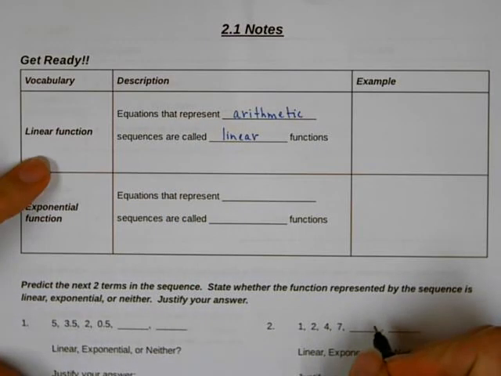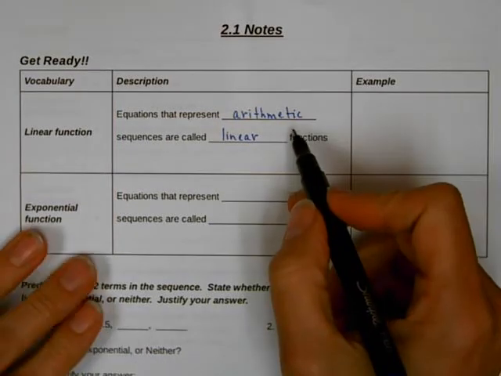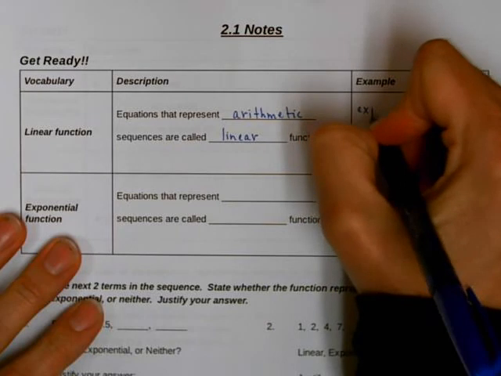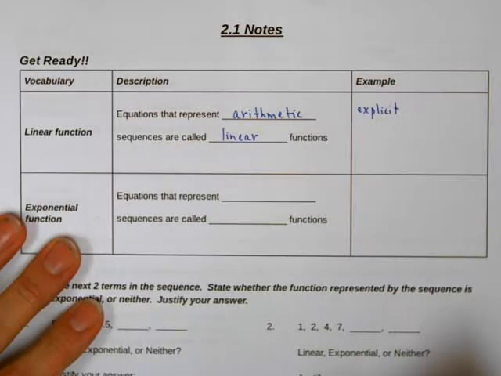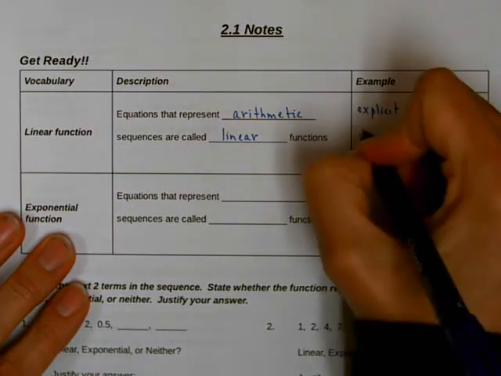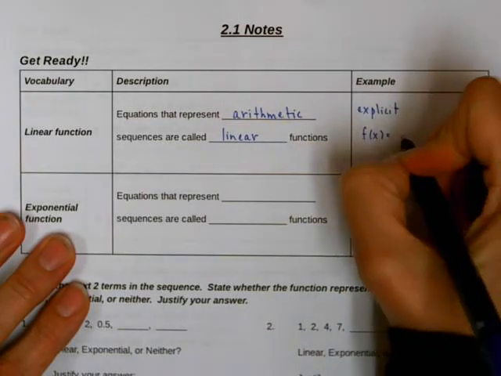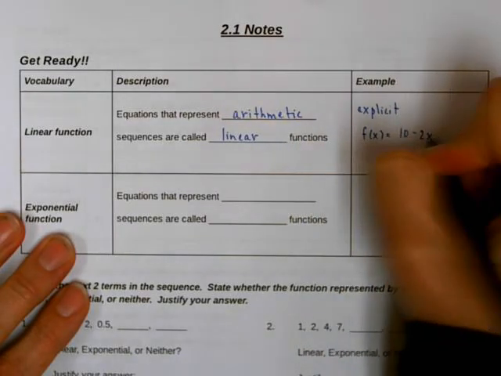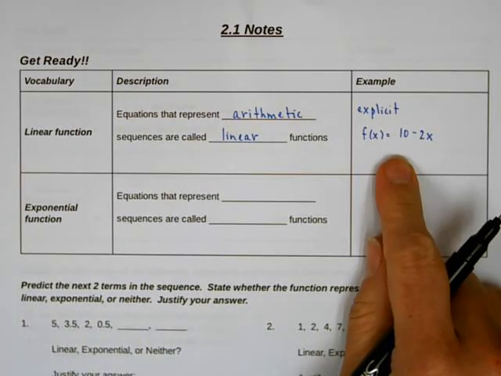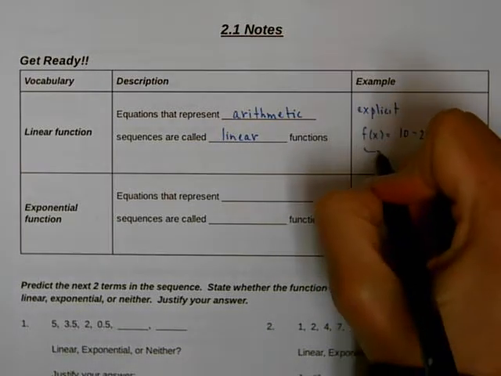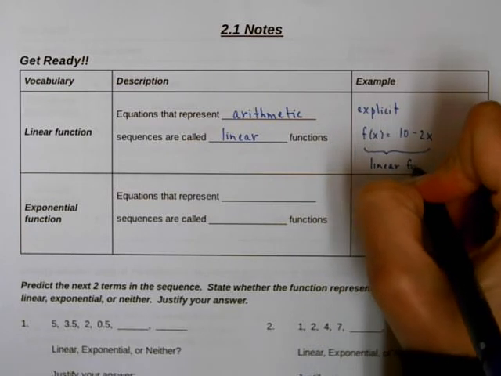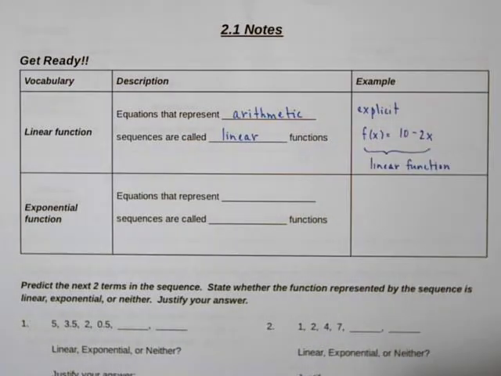Right, so obviously in Mod 1 we worked a lot with these arithmetic sequences, and we knew, for example, that an explicit equation for an arithmetic sequence might look something like, let's say, f of x equals 10 minus 2x. So we called that our explicit equation for that arithmetic sequence. Well, now we're going to call these equations our linear function. So it's kind of a new name for something we've already been working with for a little while.